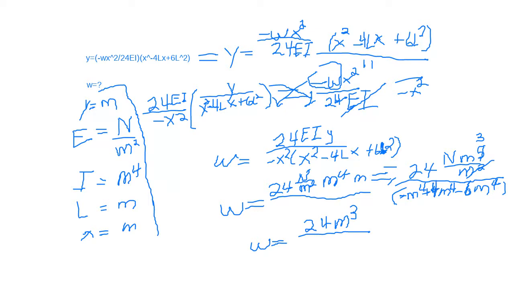You got negative meter to the 4th plus 4 meters to the 4th minus 6 meters to the 4th, and it ends up equaling what?